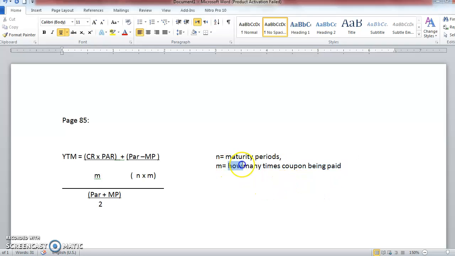Let's say the coupon is being paid once a year, so it means that over here is 1, right? So you do not have to divide anything, let's say 20 divided by 1, still 20, right? So nothing happens. But this will have an effect if, let's say, the coupon is being paid twice per year, semi-annually.